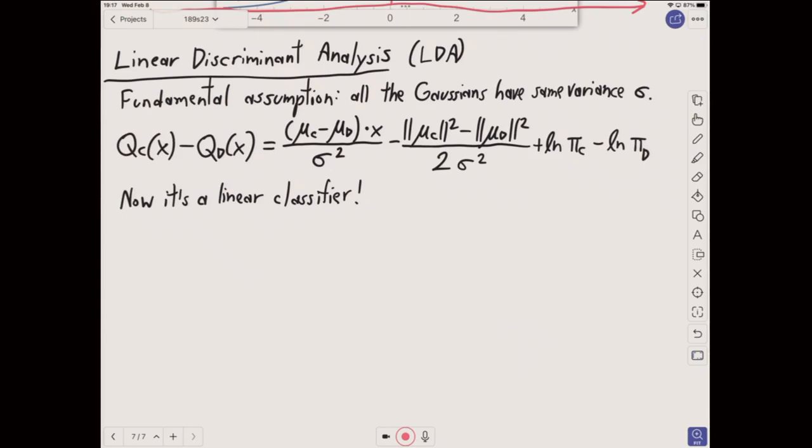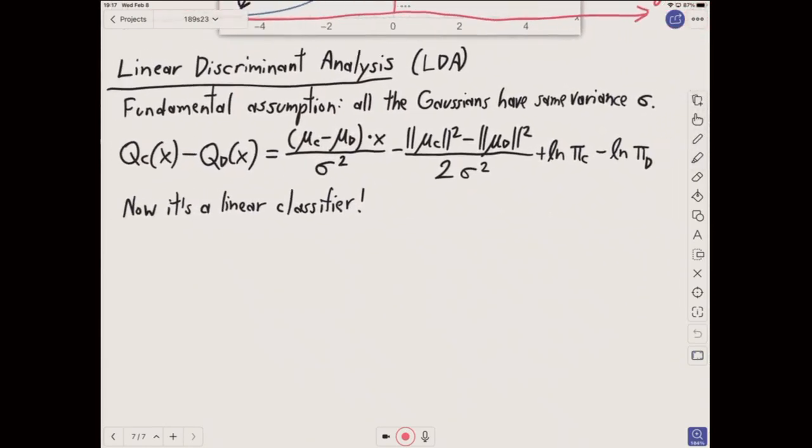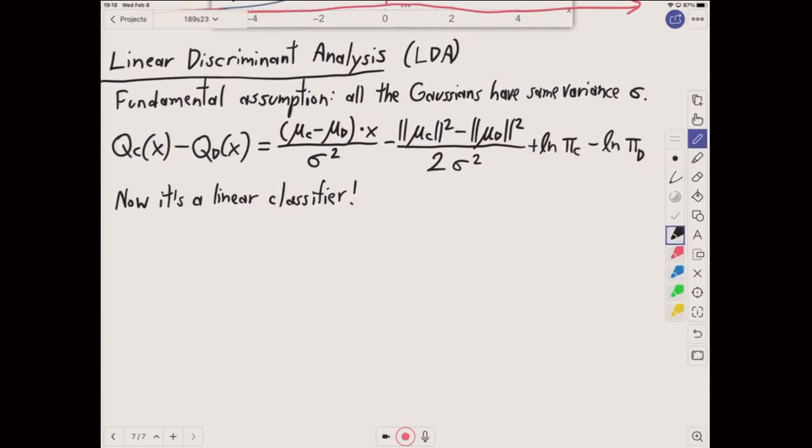Another way to think about this: the formulation I just gave you is a two-class formulation. What if you have 5 classes? Do you have to compare every pair of classes, for all possible values of C and D? No, you don't.